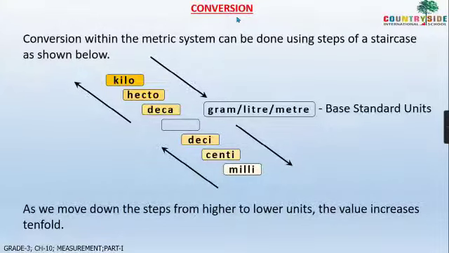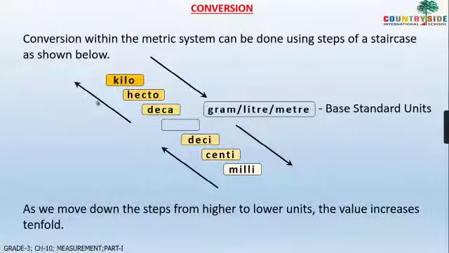Children, before starting with the sums of measurement, it is very important to understand the conversions. What are the conversions in the measurement chapter? Conversion within the metric system can be done using steps of a staircase as shown below.